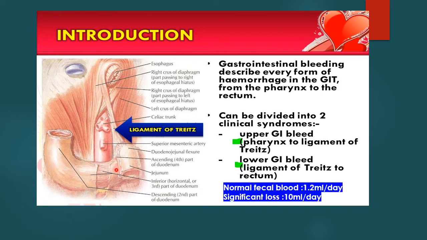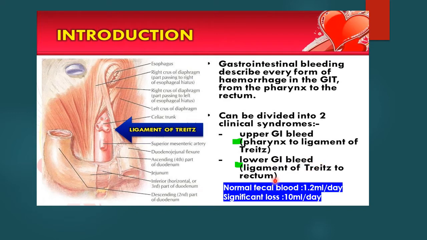Any bleeding that occurs proximal to this ligament is considered upper GI bleeding, which I've discussed in detail in my last lecture. Bleeding that arises from the bowel distal to the ligament of Treitz is defined as lower gastrointestinal bleeding.